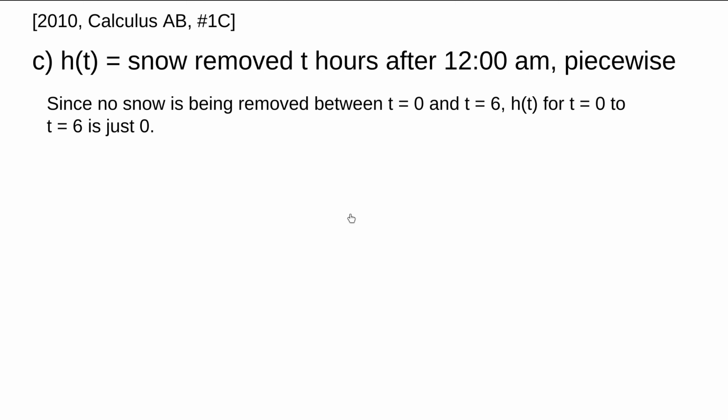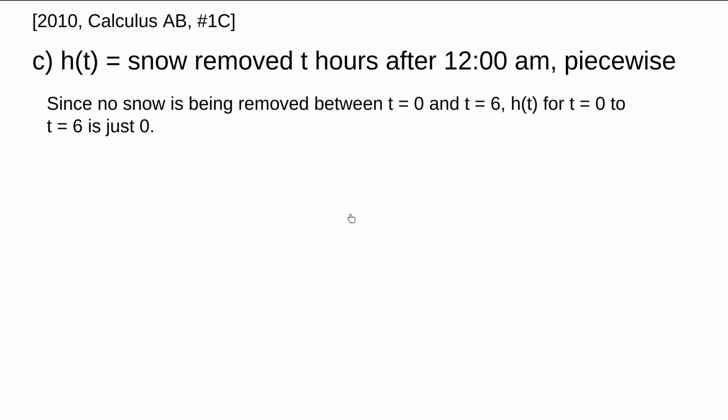We know that Janet doesn't start removing snow until 6 a.m. So the first boundary point for our piecewise function seems to be somewhere between 0 and 6 a.m., since that's easy to define. But since no snow is actually being removed between t equals 0 and t equals 6, then our h of t function, which gives the amount of snow removed, should just be 0.